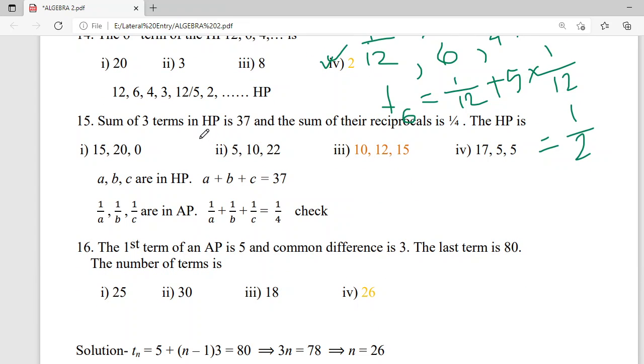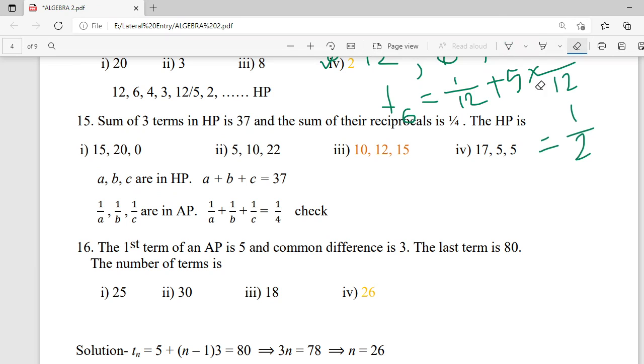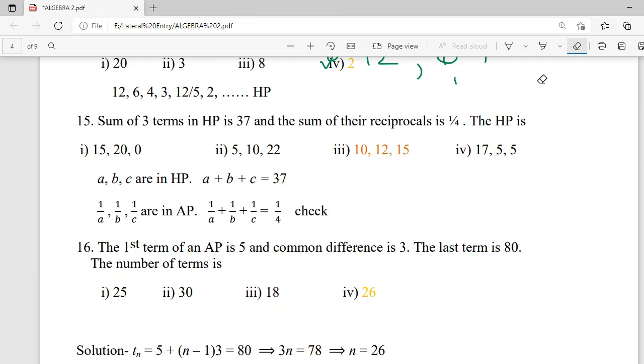Then this is also a problem. The sum of 3 terms of HP is 37, and the sum of the reciprocals is 1 by 4. So A plus B plus C is 37, as given, and 1 by A, 1 by B, 1 by C are in AP.